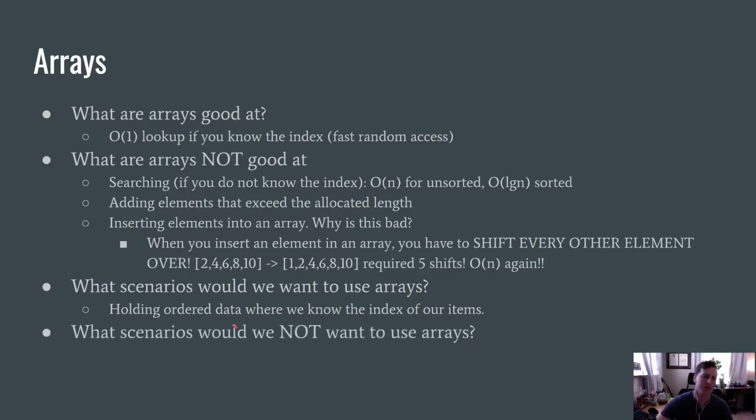There are times now that we realize we probably shouldn't use arrays given these characteristics we've talked about. For example, if we're holding a bunch of random things that we frequently have to ask the array the question, do you have this value inside of you? Like we talked about previously with an array of numbers, where we're looking at a new number and seeing if we've seen it already.